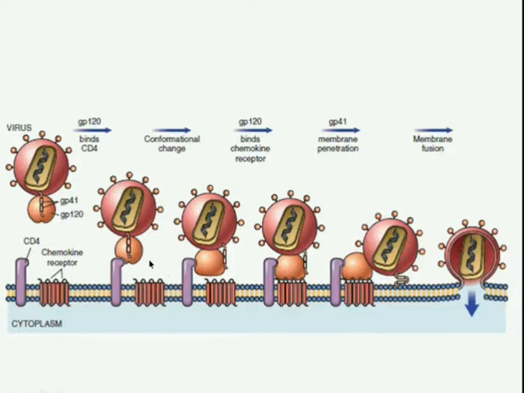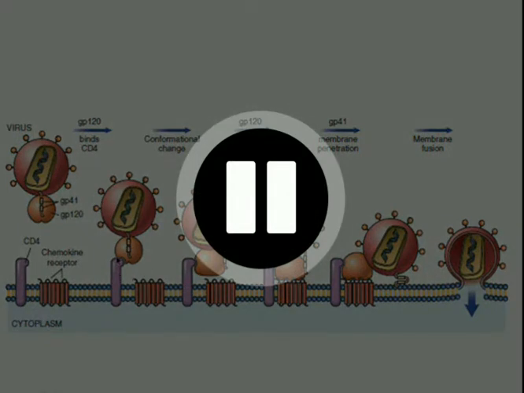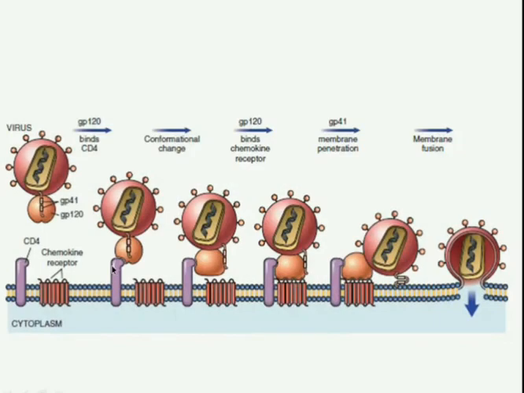So GP120 binds to CD4, and conformational change occurs so that it can bind to the chemokine receptor.